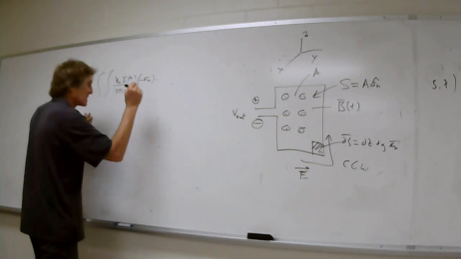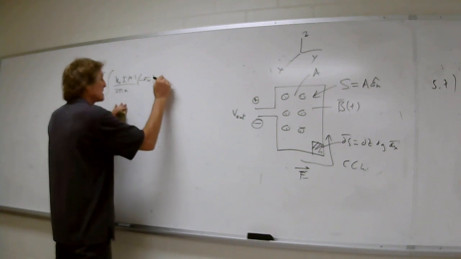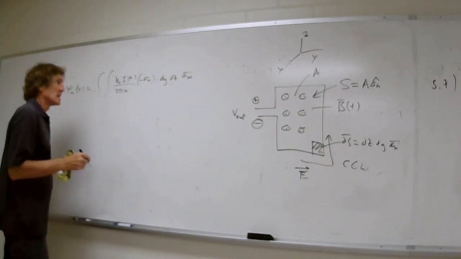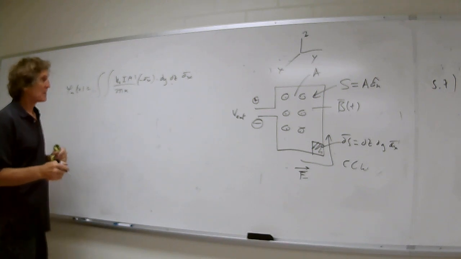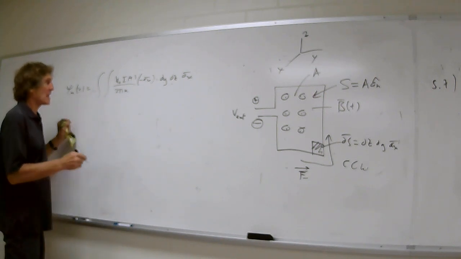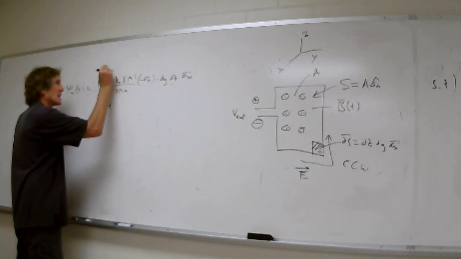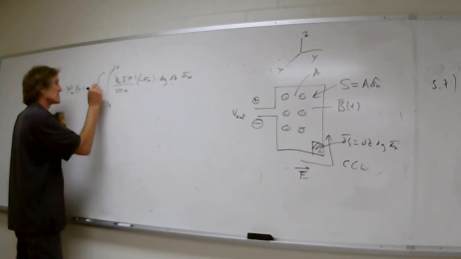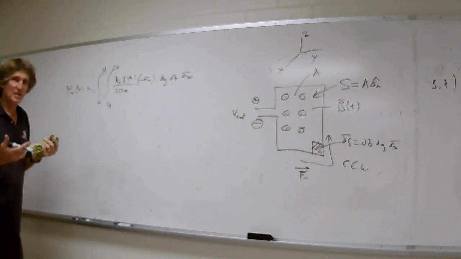Then it's dotted with ds, which is dy dz ax. And what are the limits? Well, dy goes from a to 2a, and dz goes from 0 to a. Do you all agree with me? I'm just putting it in formally.